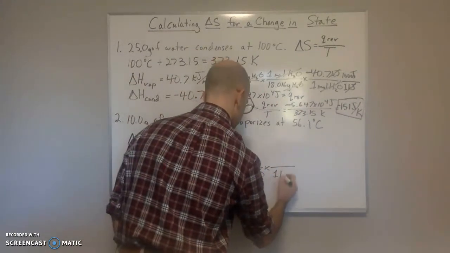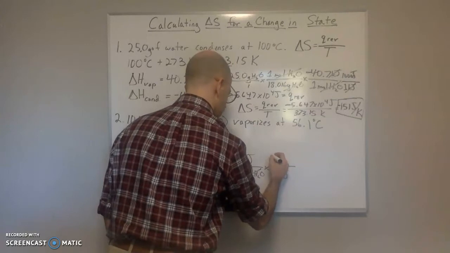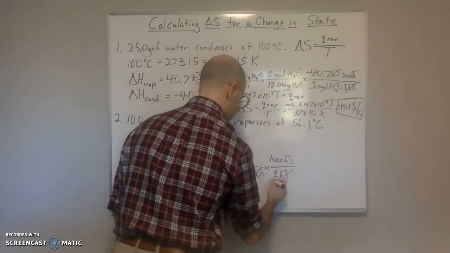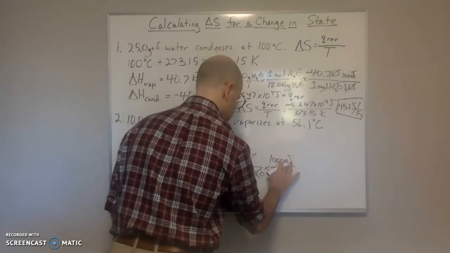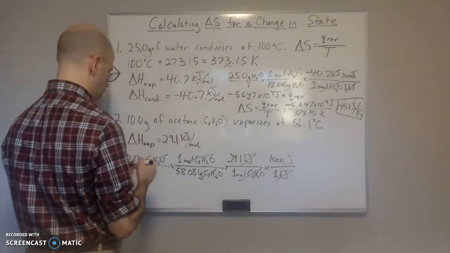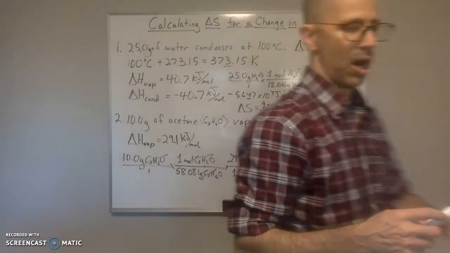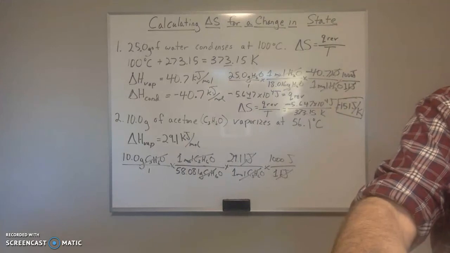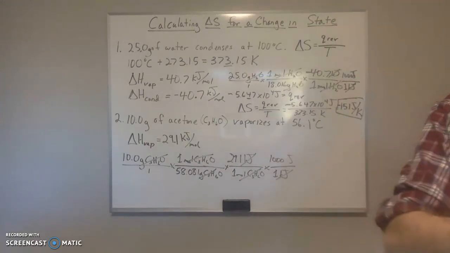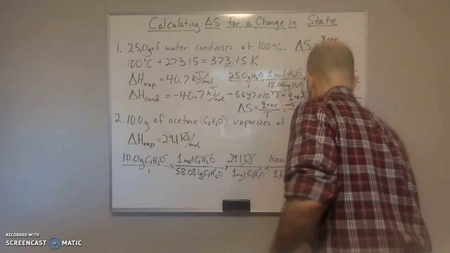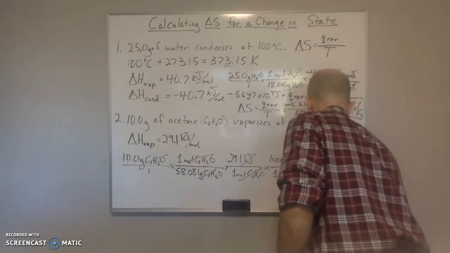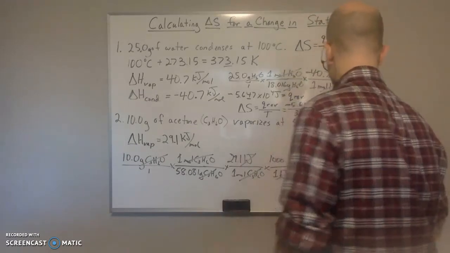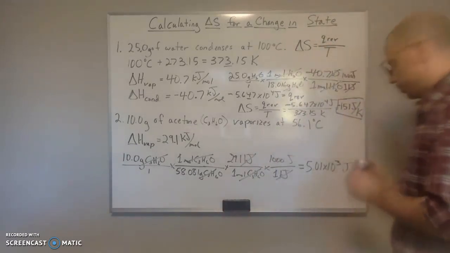So 1 kilojoule on the bottom, 1,000 joules on top. Kilojoules cancel out. Now all we need to do is calculate this, and we'll get our Q reversible. And we get 5.01 times 10 to the third joules.